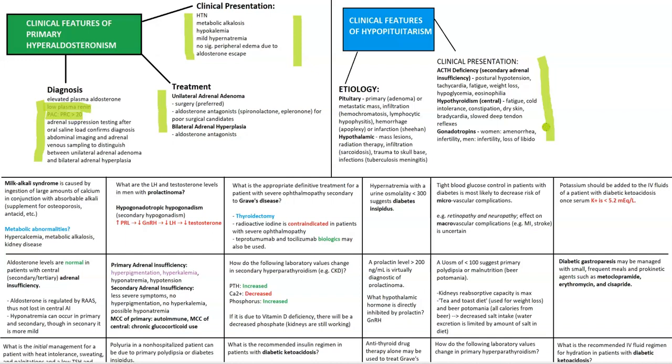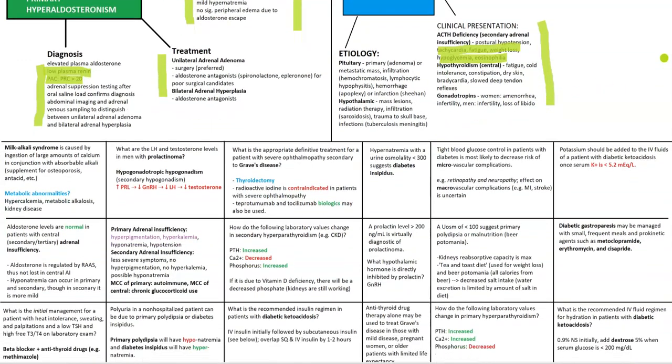These patients will present with postural hypotension, tachycardia, fatigue, weight loss, hypoglycemia, and eosinophilia, a high yield eosinophilia. Central hypothyroidism: fatigue, cold intolerance, constipation, dry skin, bradycardia, slow deep tendon reflexes. Gonadotropins: women will present with amenorrhea and infertility, and men will present with infertility and loss of libido.